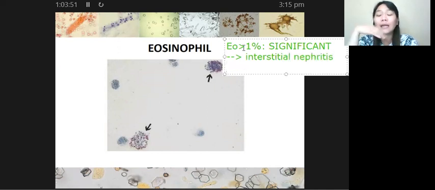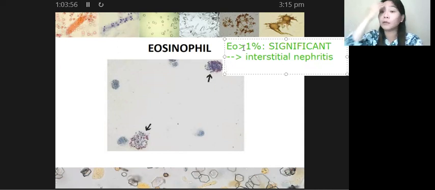Like I said, your eosinophils play an important role in inflammatory conditions, particularly hypersensitivity.